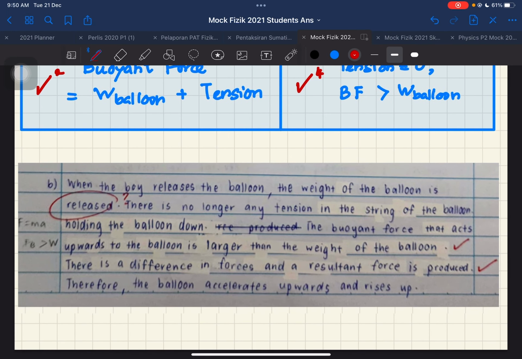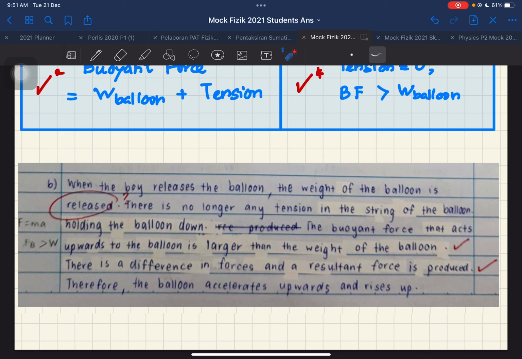Alright, so this one, this question not many students able to get 4 marks. Just like this. So when the boy release the balloon, the weight of the balloon is released? No, the weight of the balloon is still there. So that's why I put a question mark. There is no longer any tension in the string.